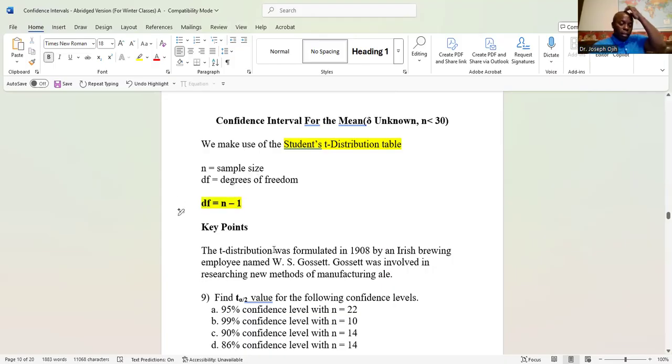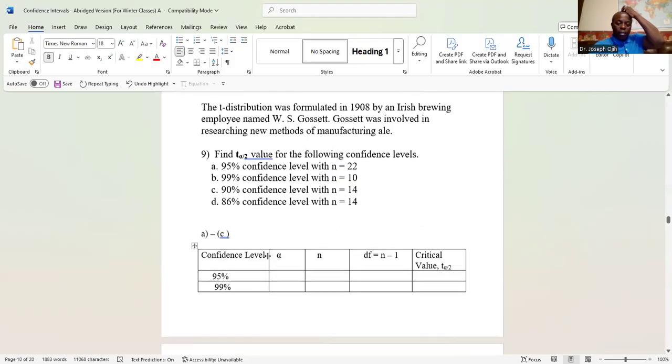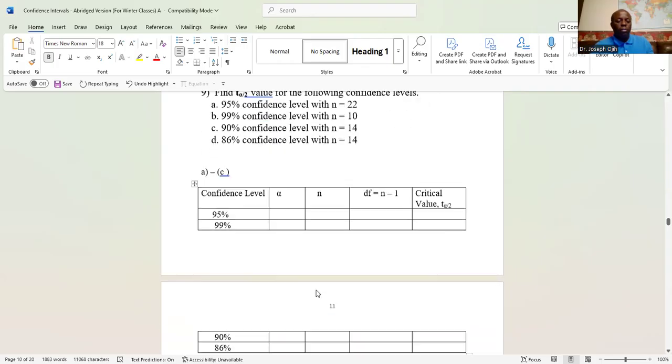Okay. So let us start this section by explaining how to get the critical value for the t-distribution. It's a little bit different from the z table, because you have to factor in the sample size. For example, this question says find the t alpha over 2 for the following confidence levels: 95% confidence level with n 22, 99% confidence level with n 10, and so on and so forth.